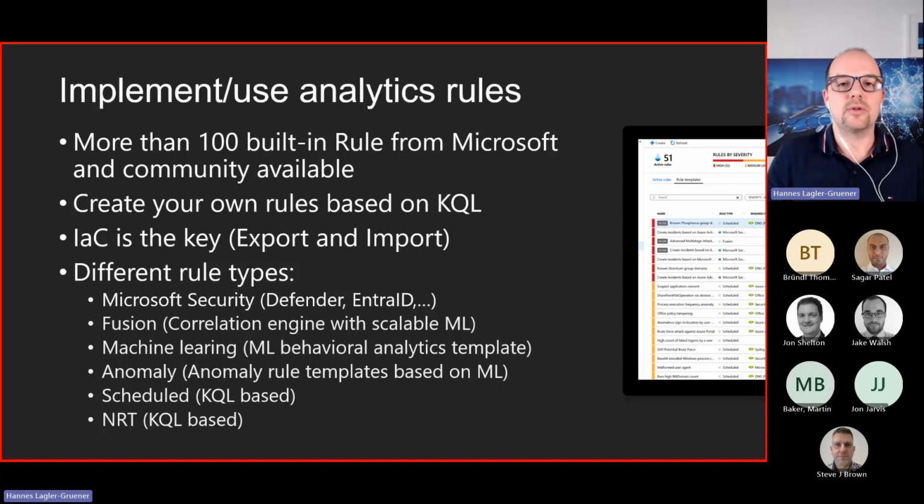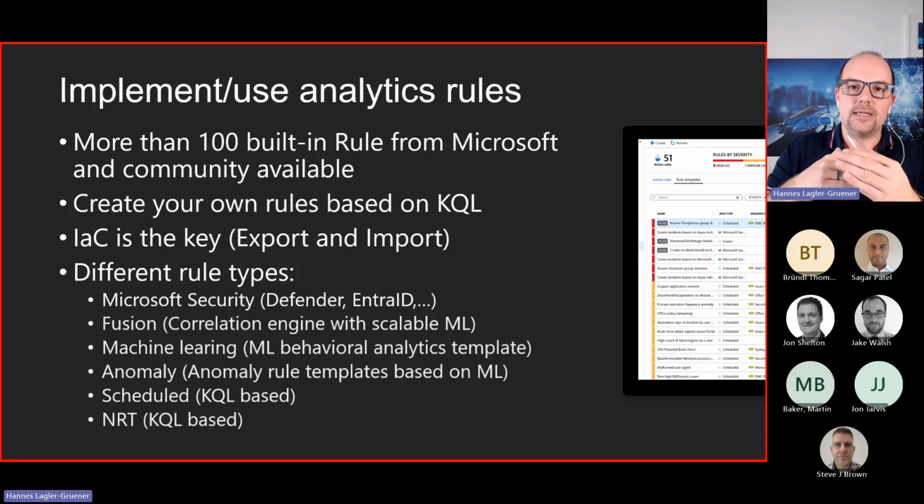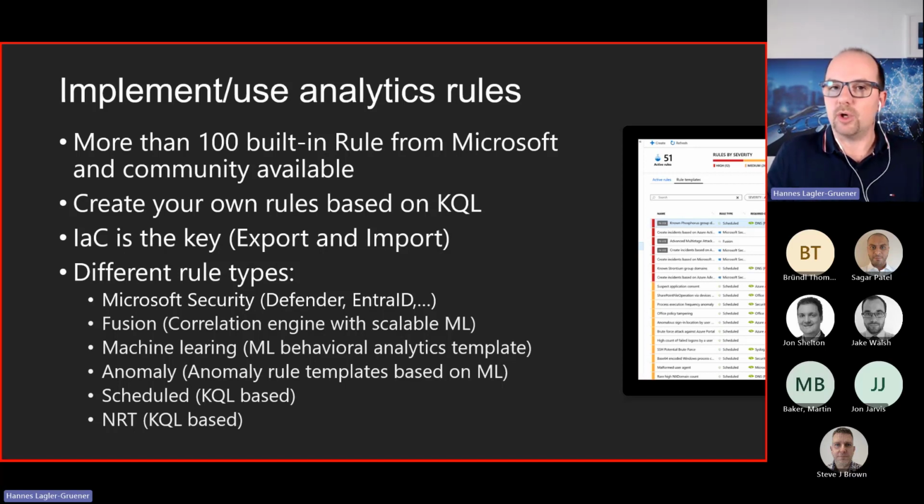It's also based on a KQL query, and the difference here is that the alert will trigger in approximately 30 seconds. The only thing you have to think about is that near real-time rules are limited, so you can only use up to 25 rules in your Sentinel environment. So the most common rules here are really the scheduled rules if you want to write your own use cases.